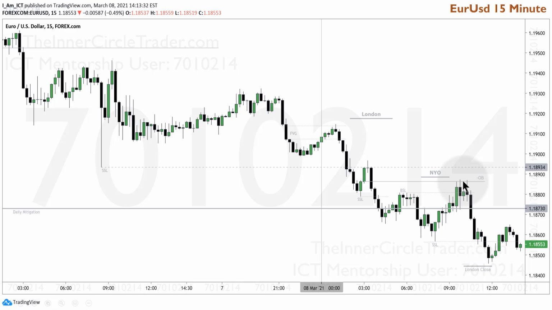Now, what's the higher time frame on the daily chart? Bearish institutional order flow. So we can use the London close time frame to get in sync with the higher time frame. Sell off, yes, down into London close. Attacking again, a more aggressive run below that sell side liquidity pool there.